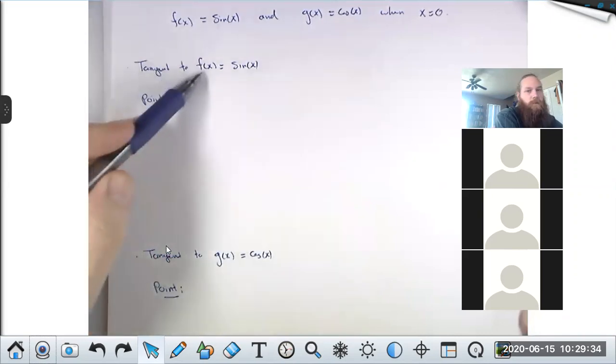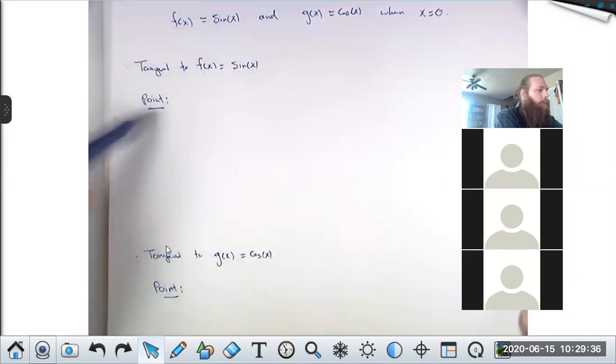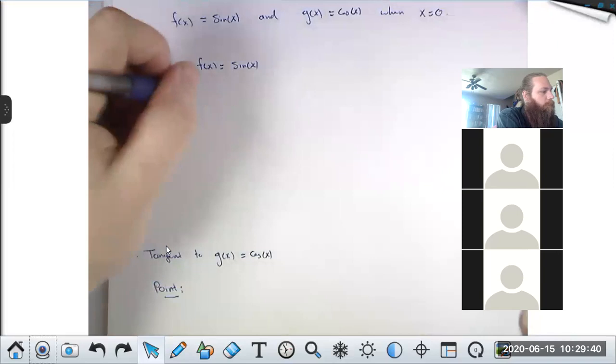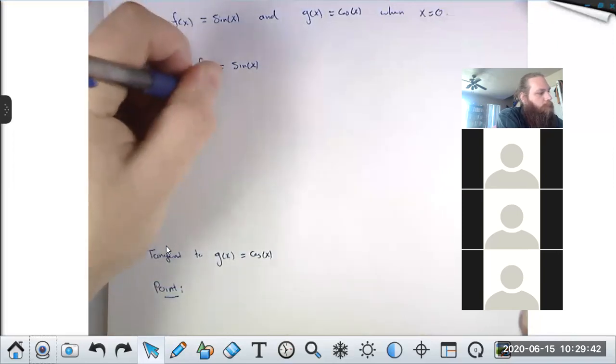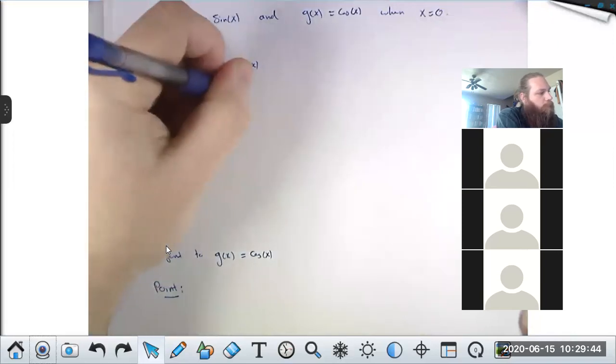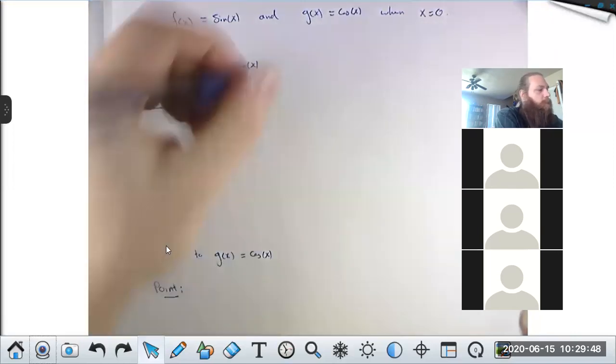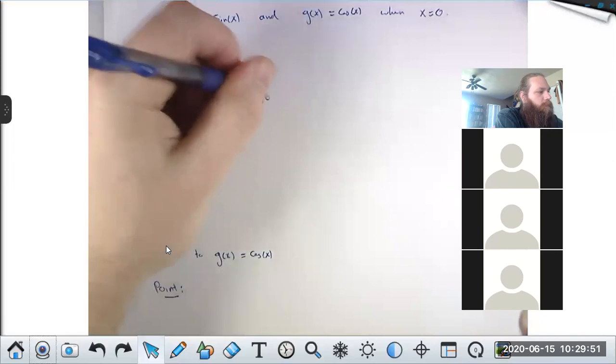For the tangent to f of x, my point is going to be 0, comma f of 0. And the sine of 0 is 0, right? f of 0 is 0. So my point for the first guy is just 0, 0.